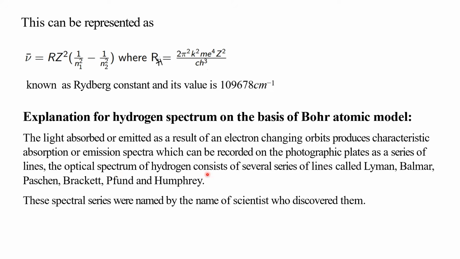The optical spectrum of hydrogen consists of several series of lines called Lyman, Balmer, Paschen, Brackett, Pfund and Humphrey. These spectral series were named after the scientists who discovered them.